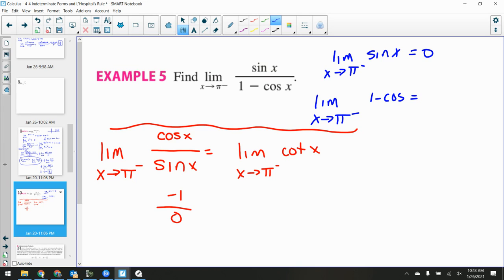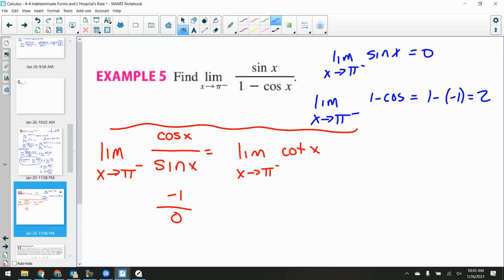Wait a second. No, it's -1. 1 minus -1. It's 2. It's not 0, it's 2. Yeah? I'm going to pi, right? I'm going on the left, so it's -1 for my x value, right?